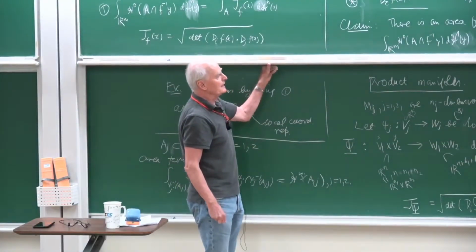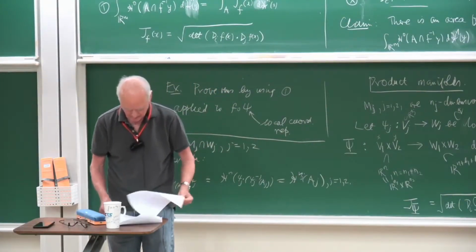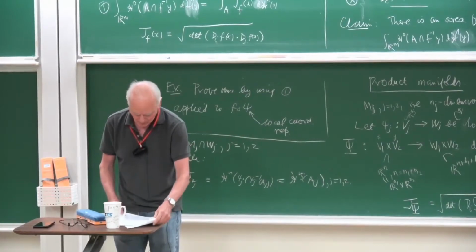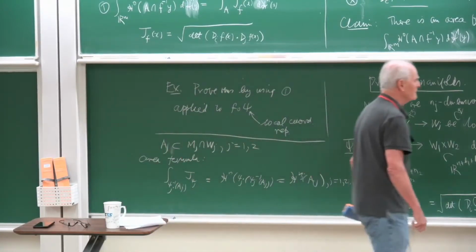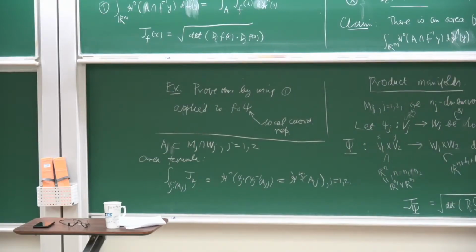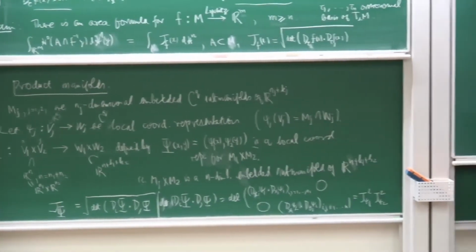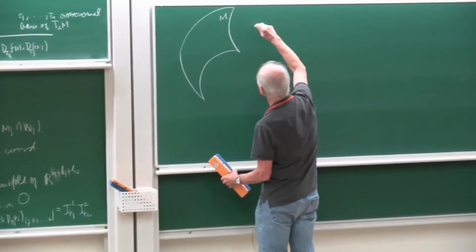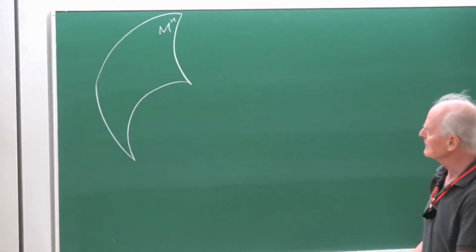Okay, so that's good. Let's see, what else did I want to mention here? Yeah, we also want to be able to compute on the submanifold M now, so let's talk about that a little bit. So let's go back to the setting where we've got our submanifold M. So M is an embedded, n-dimensional embedded submanifold.